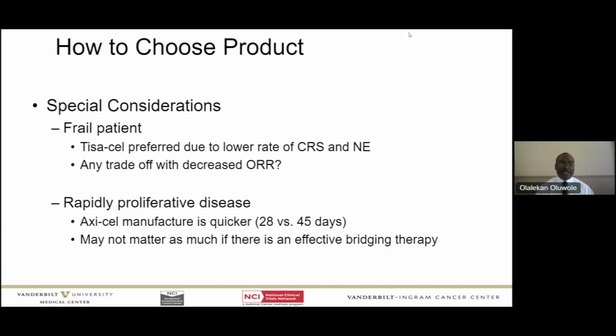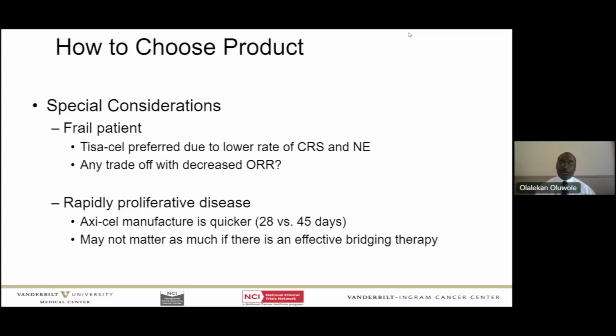Secondly, if a patient has rapidly proliferative disease, you know that you will have a shorter time to get the CAR-T manufactured for axi-cell than it is for T-cell, 28 versus 45 days in the real world setting.